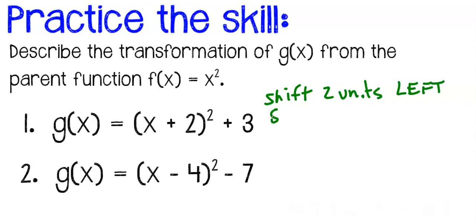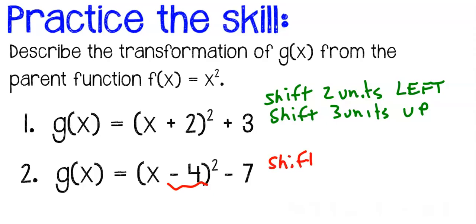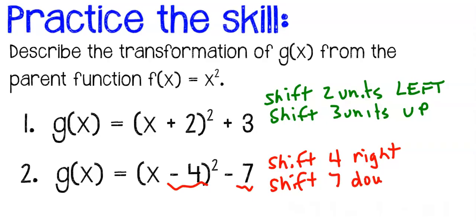And the plus 3 means you are shifting 3 units up. In question number 2, the minus 4 inside the grouping symbol means that you shifted or translated 4 units to the right. And the 7 means you shift, move, slide, translate 7 units down.